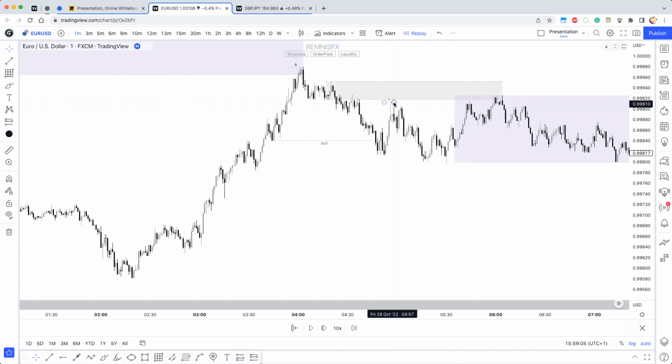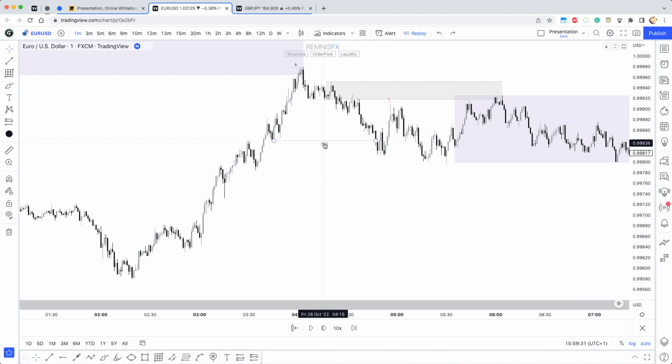So you have your inducement, right? And forget about this because I just wanted to show you guys where people are waiting for their order blocks to be mitigated, but then in actuality it's a smart money trap, etc. So this BOS is still not valid. This is your actual BOS.